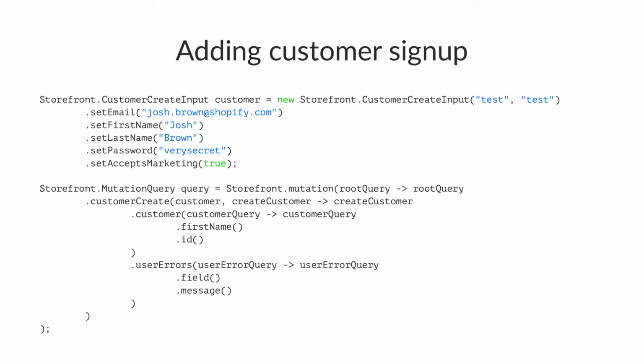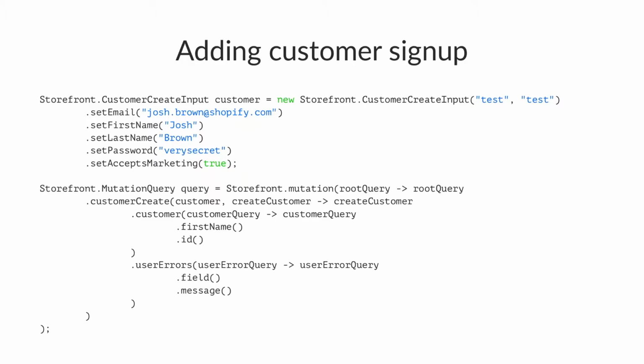So in this example here, the first step would be creating a customer. If you wanted to integrate a customer sign up into your app, you could do that. The first step would be to create a customer create input that we're going to hand to the mutation when we send the data to Shopify's API. If we were allowing customer sign up in our app, a lot of this data would be collected using some kind of text field.